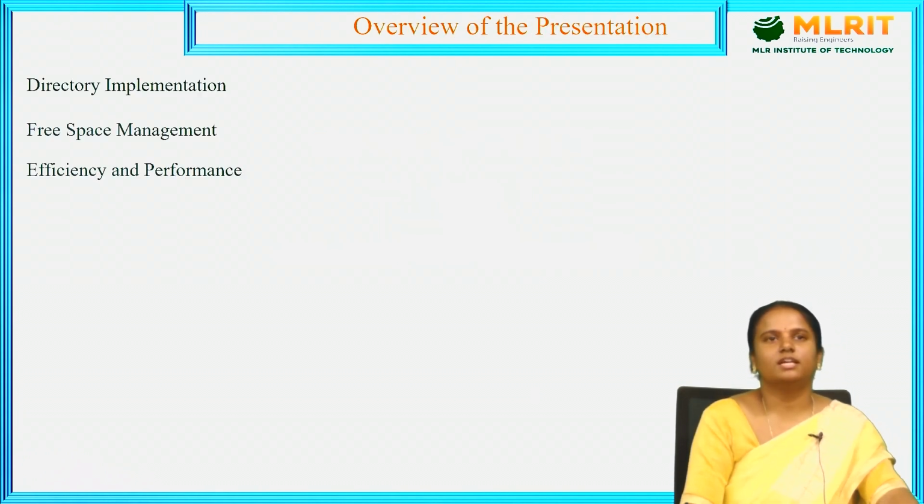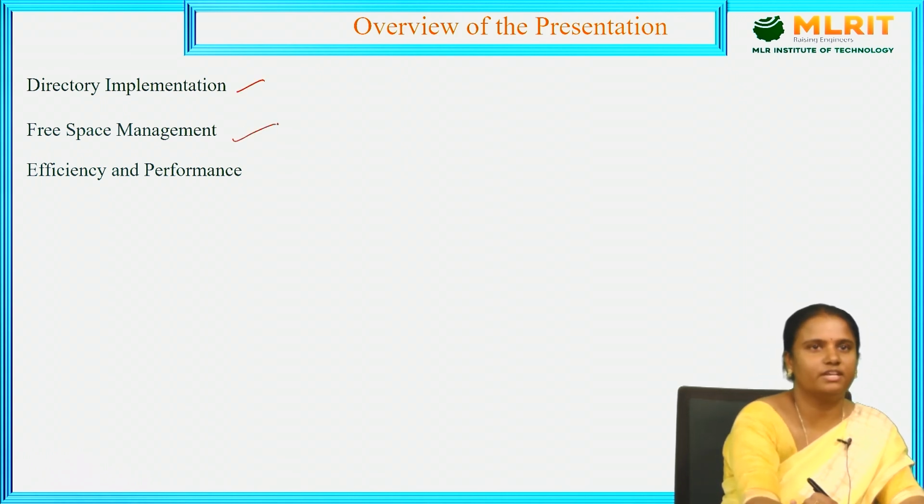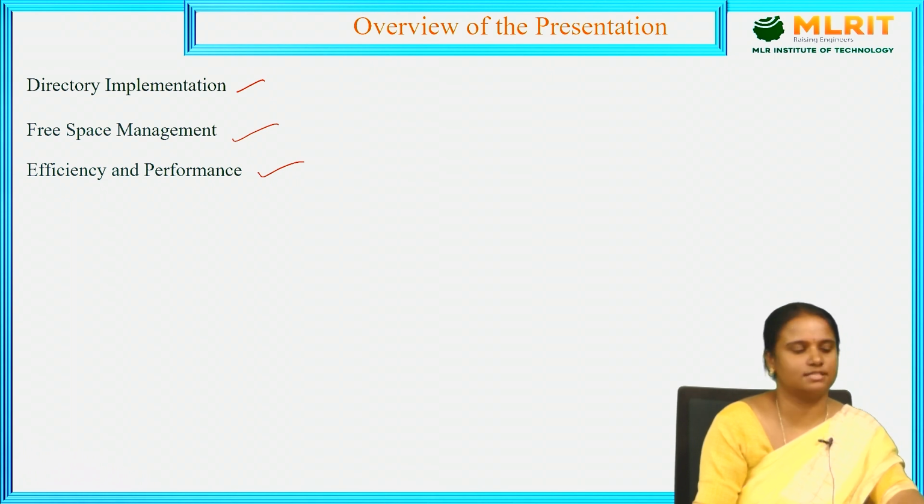In this presentation, we are going to discuss directory implementation, free space management, and what we mean by efficiency and performance of the file system. Let us start with directory implementation.